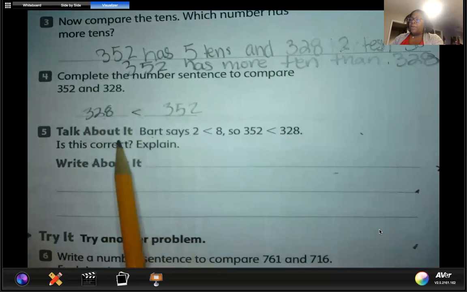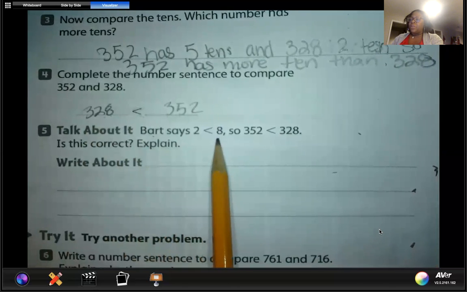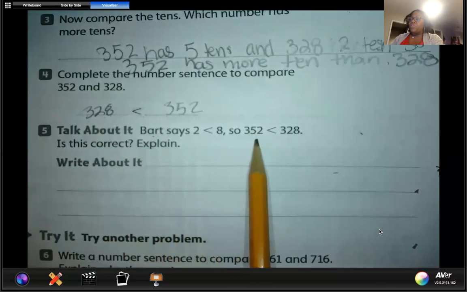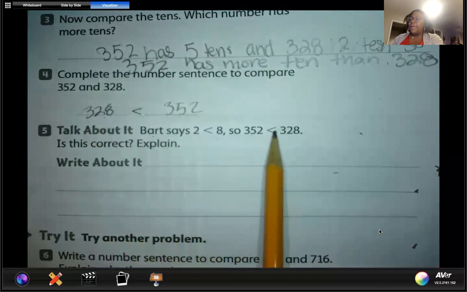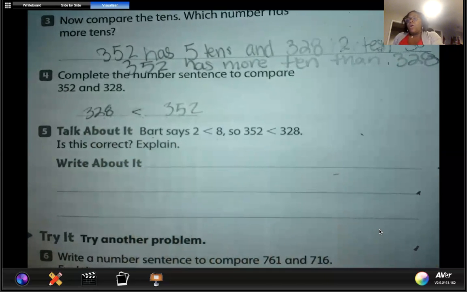Okay, talk about it. Bart says 2 is less than 8, so 352 is less than 328. Is this correct? Oh no, Bart. That is not correct, is it? Why is that incorrect?